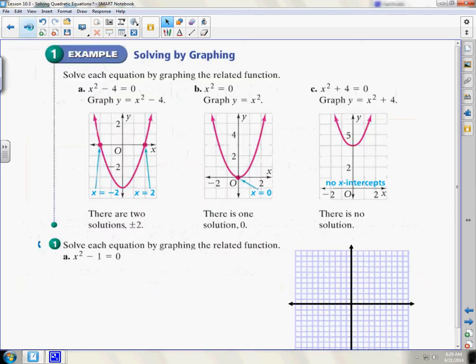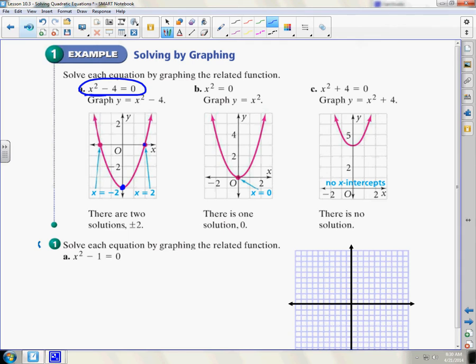Here's an example. You might want to jot down these three little graphs and then write down their solutions. It says, solve each equation by graphing the related function. Here's the function. Notice -4 is the y-intercept, and they figured out that 2 squared minus 4 is 0.